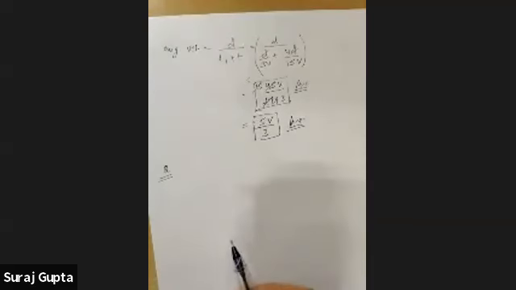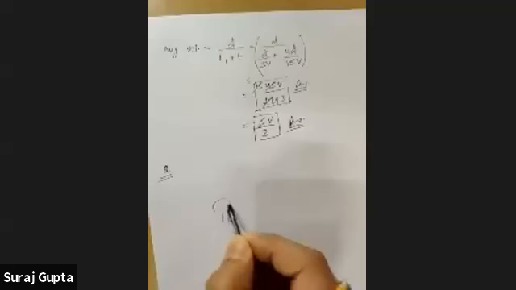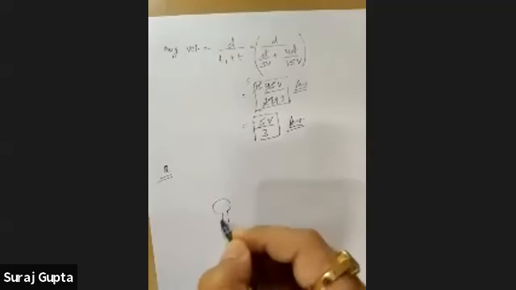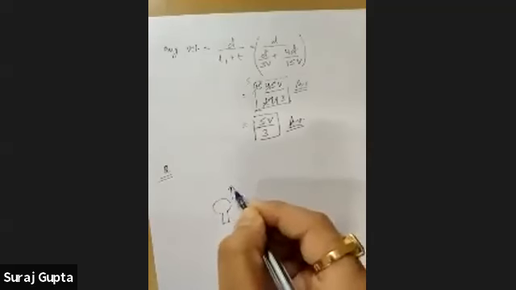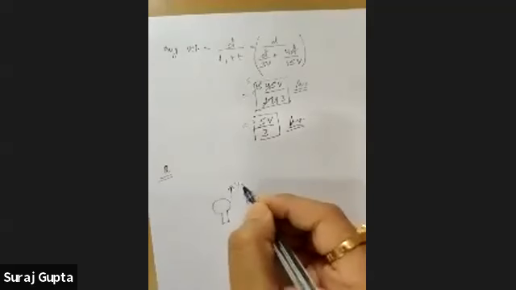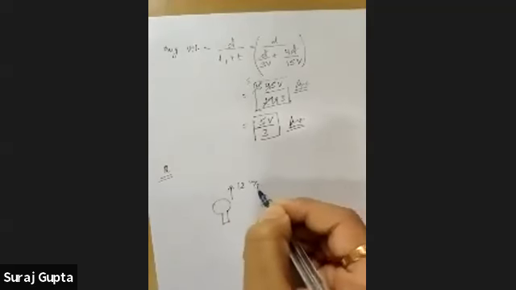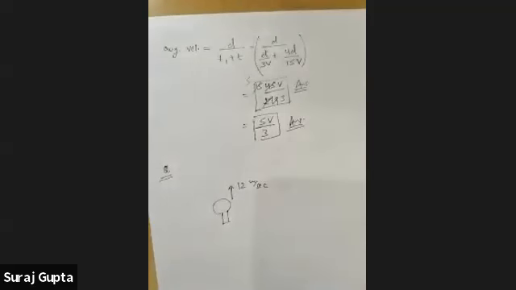Next question: a balloon going upwards with a velocity of 12 meter per second. There is a balloon moving in the upward direction with velocity 12 meter per second, at a height of 65 meter from the earth.